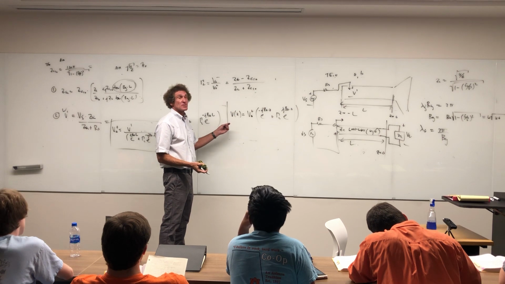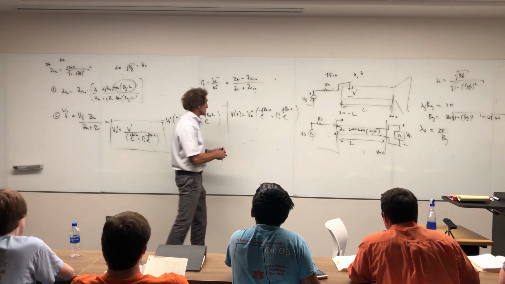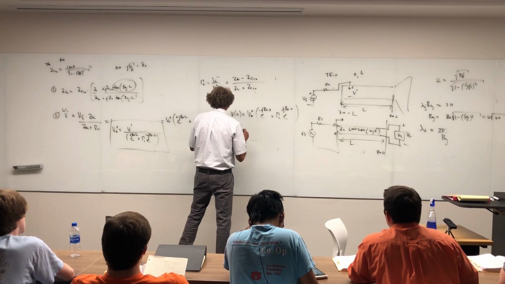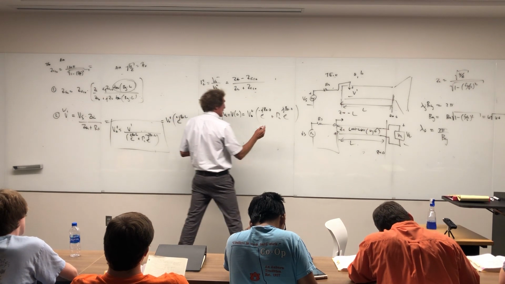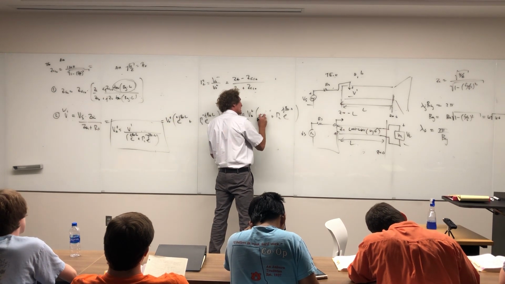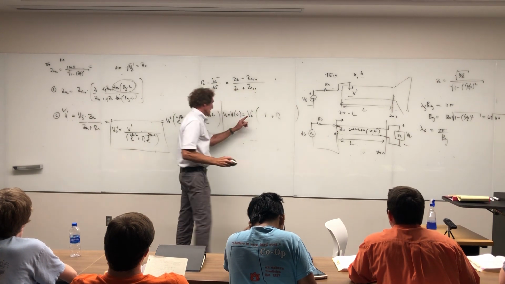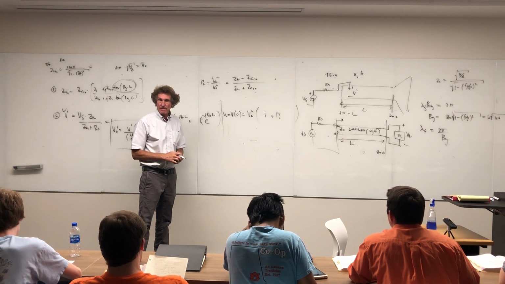Where is the voltage at the load? At what position in z? 0, so you just put a 0 there, and that becomes V at the load. When that goes to 0, y'all notice what you get? This is just 1 plus the reflection coefficient times V0 plus, the voltage at the load. Do y'all see that, class?